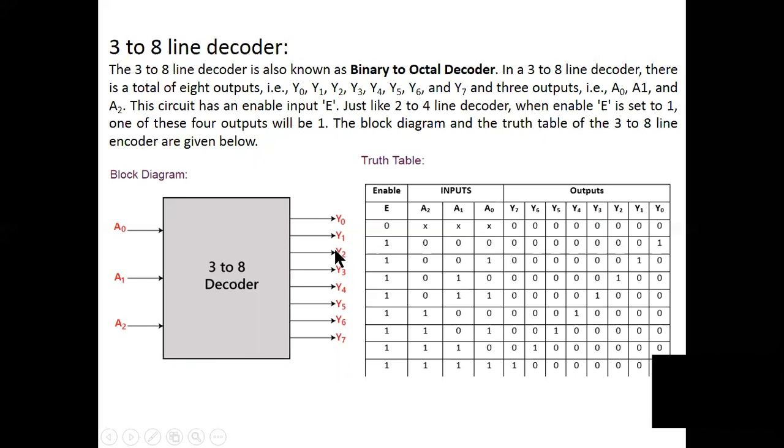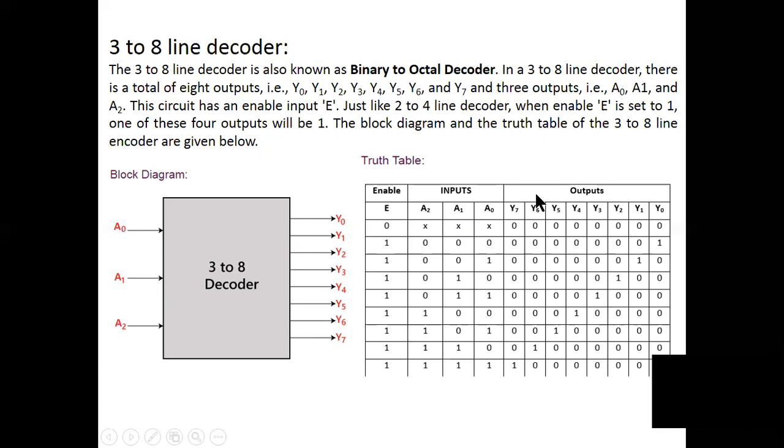For A1, 2 outputs. Sorry, 2 power 3. For A0, 0, 1, 2. For A1, 2, 3, 4. For A2, 4, 5, 6, 7. Like this, 3 inputs and 8 outputs. So this is a block diagram.